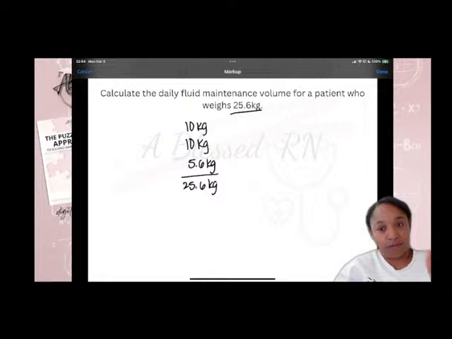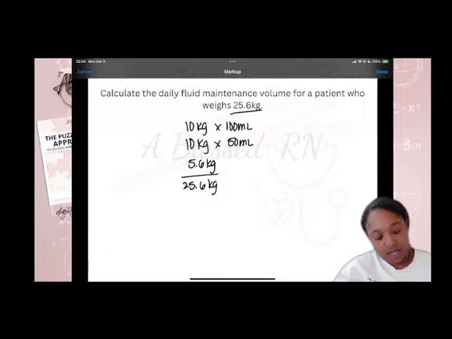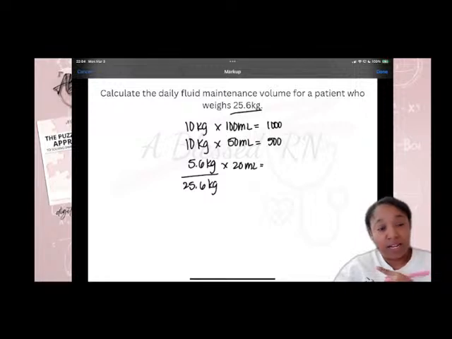So remember the first formula, we got 100. The second one, we got 50. And then the third one, we got 20. So these two are always going to be the same if you got three formulas. This one's automatically going to be 1,000. This is automatically going to be 1,500, because remember that formula I showed you at the beginning: 1,500 plus 20 milliliters per kilogram of body weight over the 20 kgs.